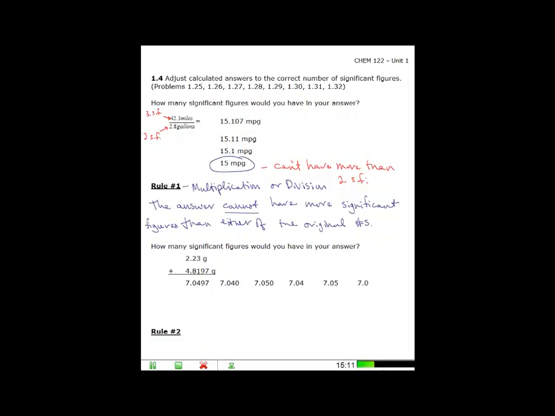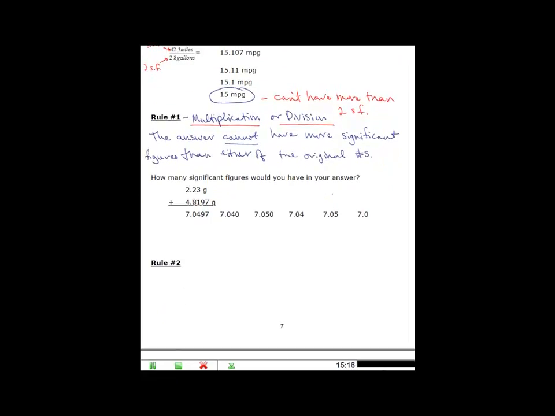So this is for multiplication or division. Now we're going to address addition or subtraction. So I have this addition problem here, and then you can choose how many sig figs you would record in your answers. So they should all have grams after them.